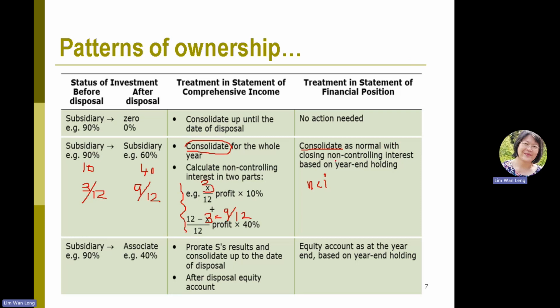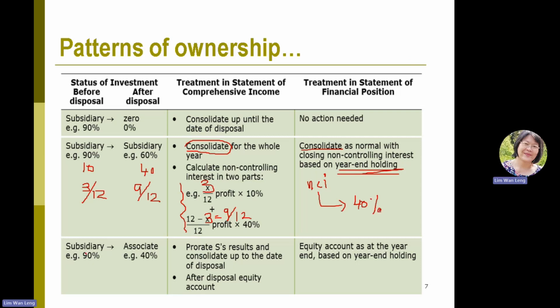Consolidate as normal with closing NCI based on year-end holding. So if you do a shortcut to compute your NCI, you have to base it on 40% in this case, not the 10%.